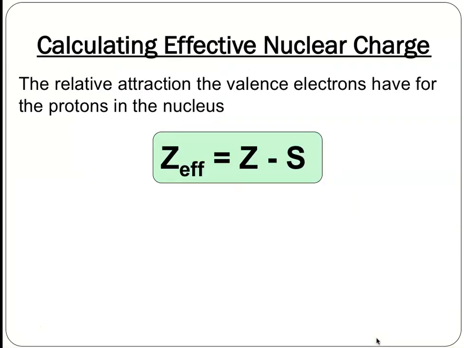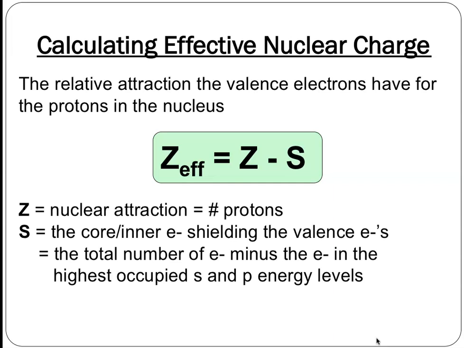So how do we calculate Z effective? Well, here's a lovely equation. It's just Z minus S. Pretty straightforward, where Z is the nuclear attraction or number of protons. So all you have to look at is the atomic number. S is all electrons in the atom that are not, I repeat, not the valence electrons. So they are inner core electrons.